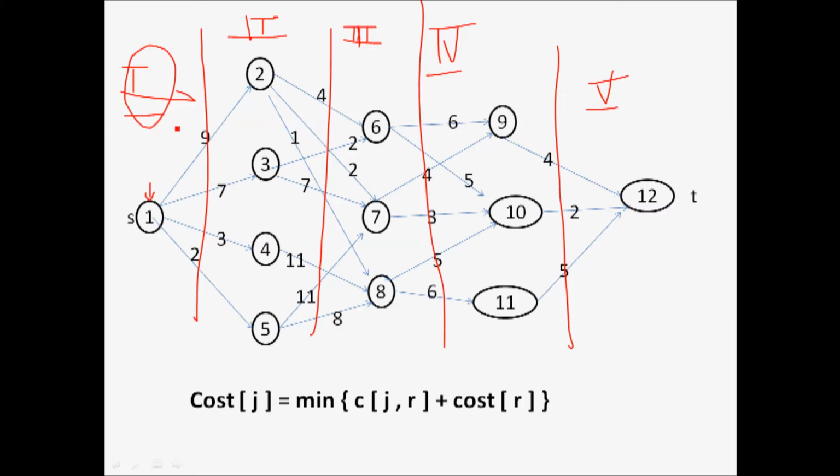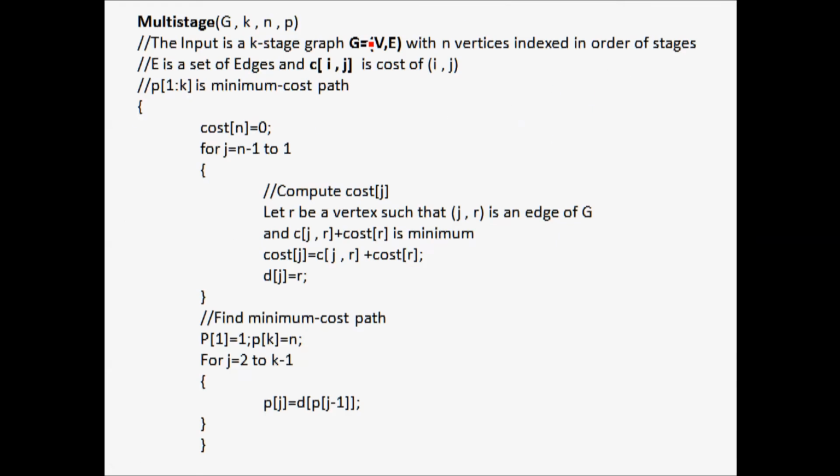For example, the first stage contains vertex number 1, the second stage contains 2, 3, 4, 5, the third stage contains 6, 7, 8, and similarly for the rest of the stages. Such that C of i j is the cost of edge i j, and P is the minimum cost path which we have to find out.